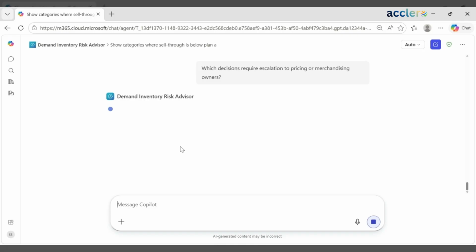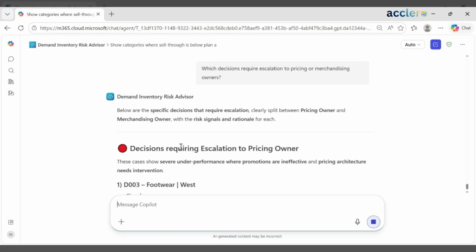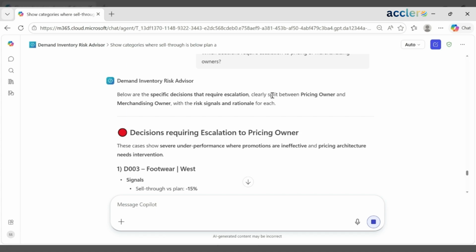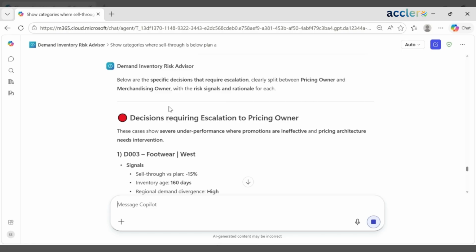Here I asked the agent which decisions require the escalation to pricing or merchandising owner. So the agent identifies the decisions that require escalation. It's split between the pricing owner and merchandising owner.